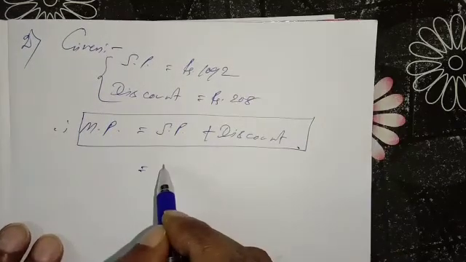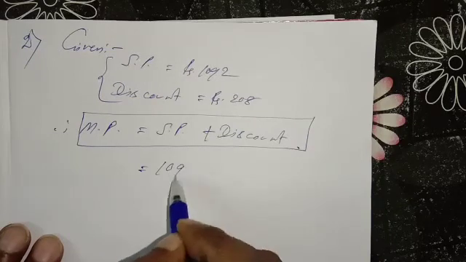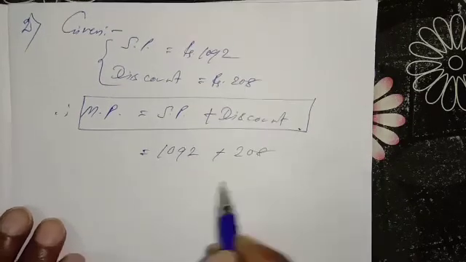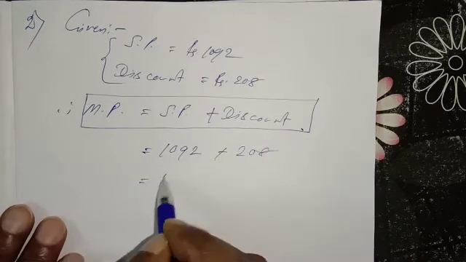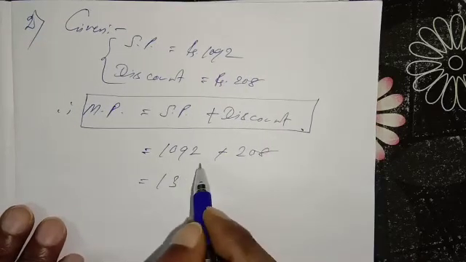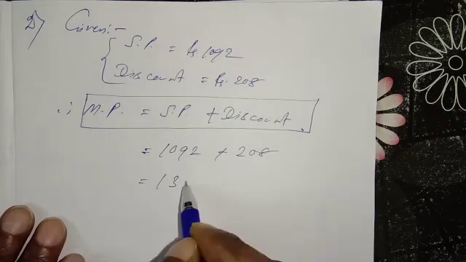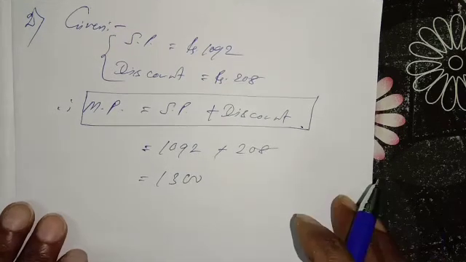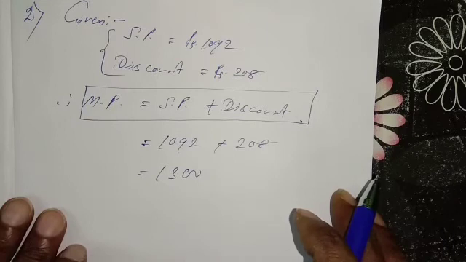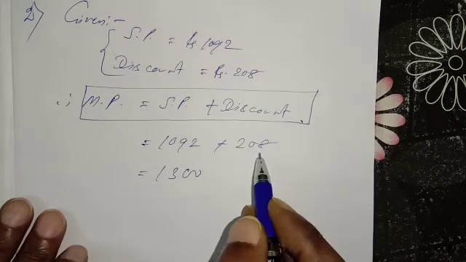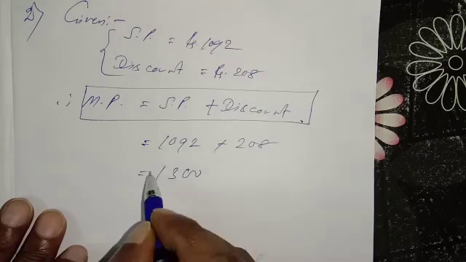The selling price here 1092 plus 208. It is coming 92 plus 8 means 100, 1300. Now 1300, this is the mark price.